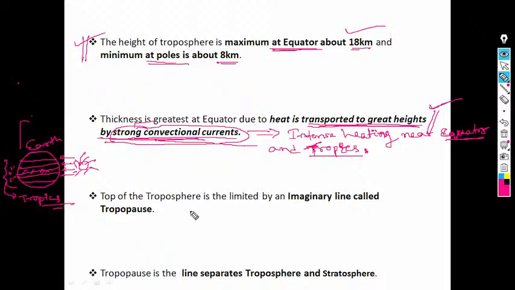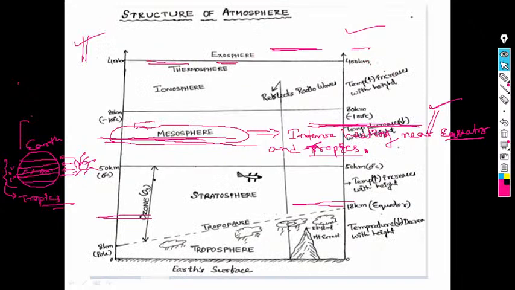The top of the troposphere is limited by an imaginary line called the tropopause. This line is called your tropopause.